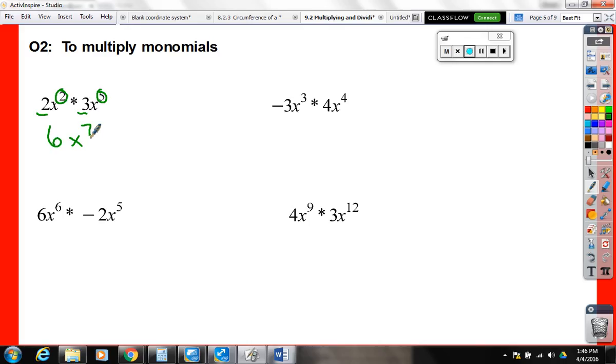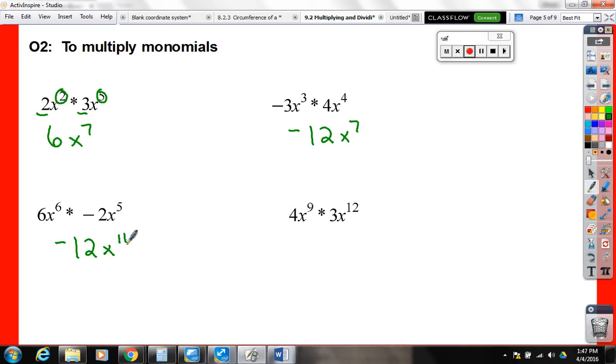Okay, let's try this one. Nick. Alright, so negative 12x. Add the exponents. 7. Okay, Mariah, do this one. Negative 12x.